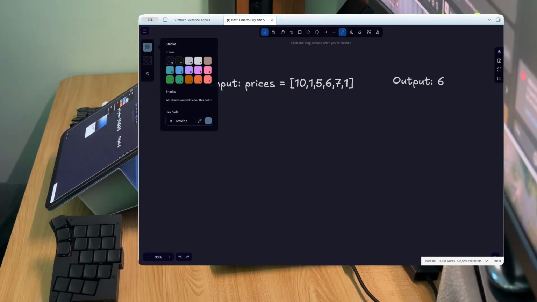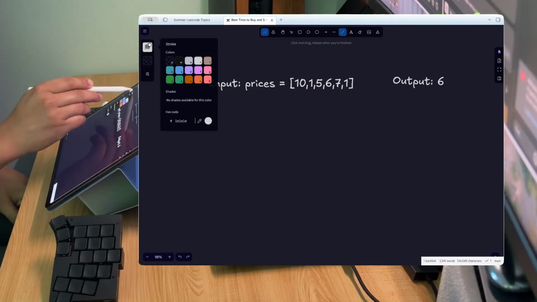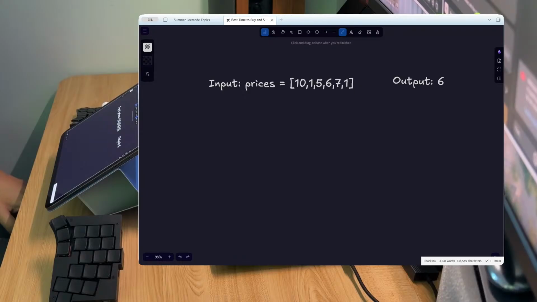I'll do my bag too. Okay, we'll just do this gray looking color, I guess. Really want white.